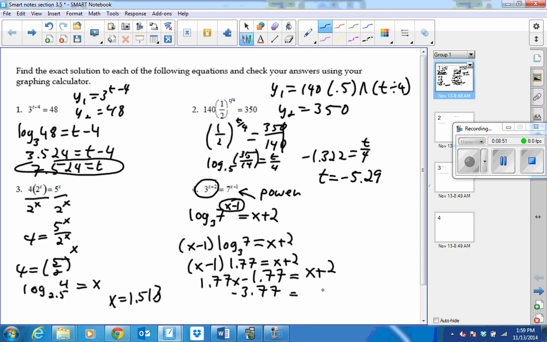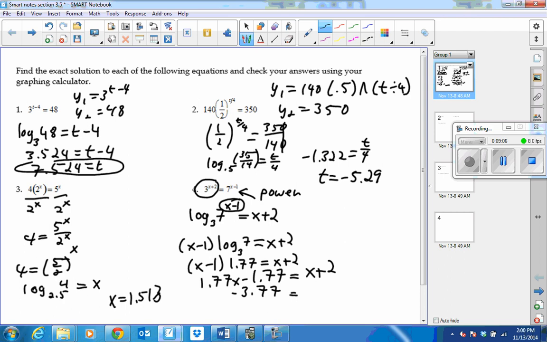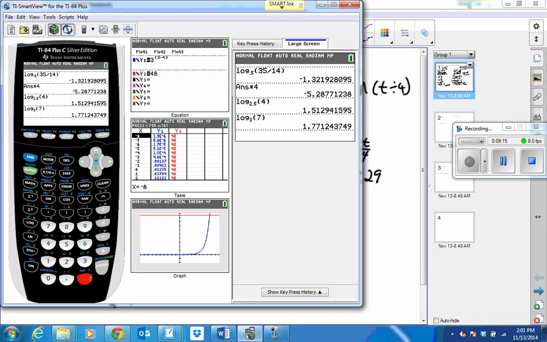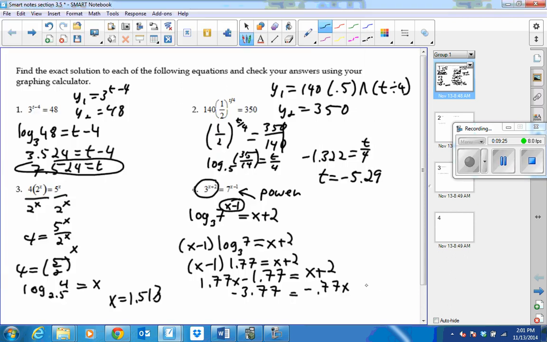I stand corrected again. It's going to give us negative 0.77x. So we're going to divide negative 3.77 by negative 0.77. We get 4.896.